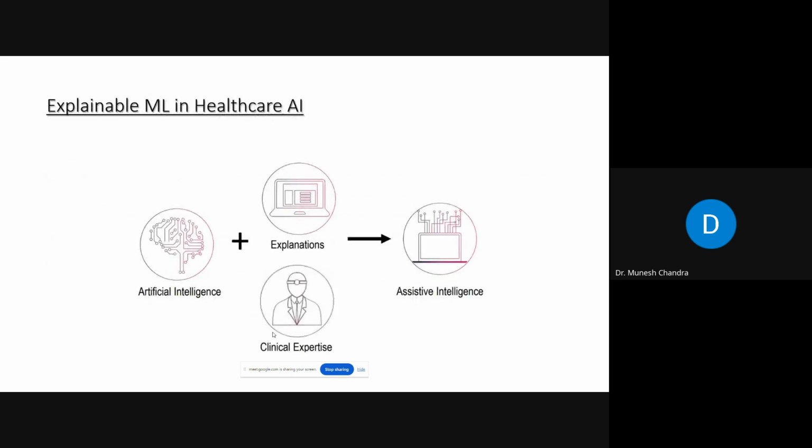You can see how XAI is helpful. XML and XDL are also there, because machine learning and deep learning are subsets of AI. If we are using explainable AI, then we can also use explainable machine learning and explainable deep learning.